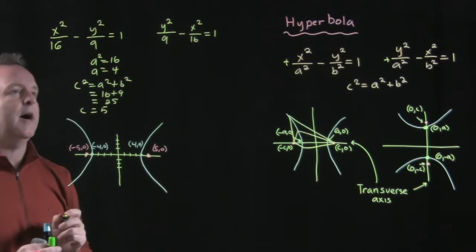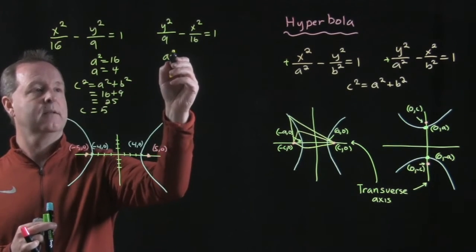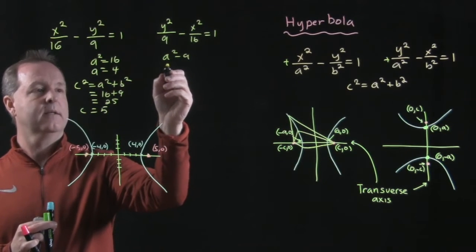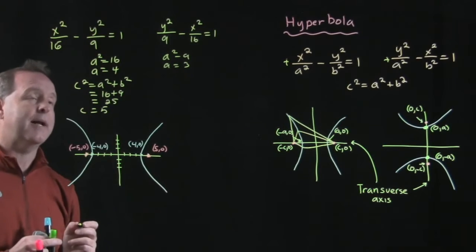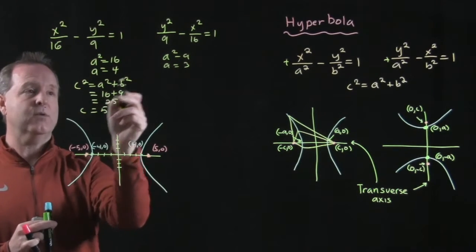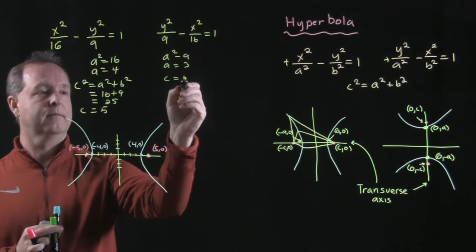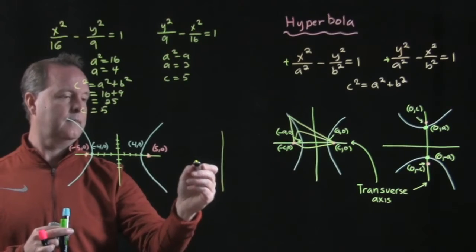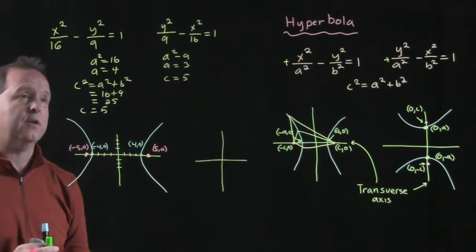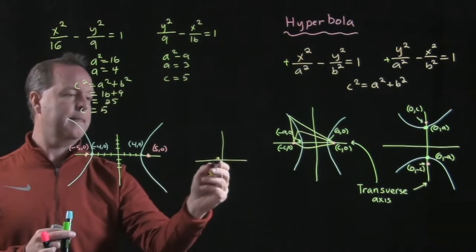Y squared over 9 minus x squared over 16. My a squared in this case is 9, so a equals 3. And then my c squared is again a squared plus b squared, so c in this case is 5. Same 5. So to graph that, my transverse axis is the vertical axis because my y squared is my positive term.